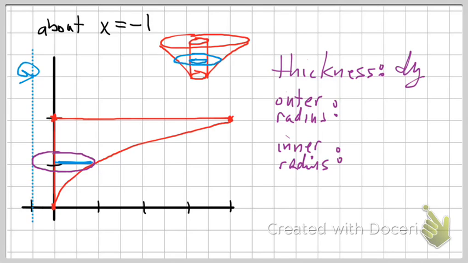From that x equals -1 center, I have to go to the outside of the shape, which would be that curved line, which was x equals y squared. So it's going to be y squared minus -1.